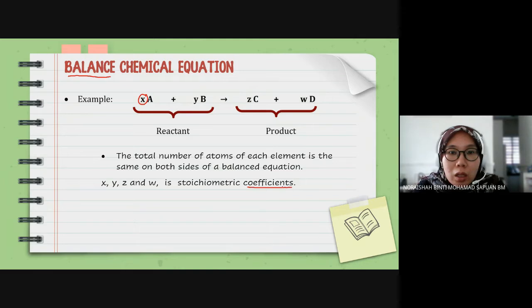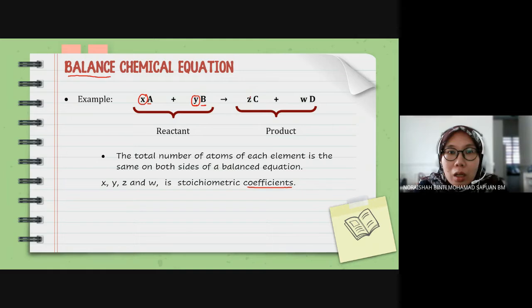Okay? Berapa bilangan elemen yang wujud. Maksudnya berapa mol untuk A, berapa mol untuk B. Elemen B berapa mol, diwakilkan dengan Y. So Y ni kita panggil dia sebagai coefficient. Same with Z. So at the right side is the product.